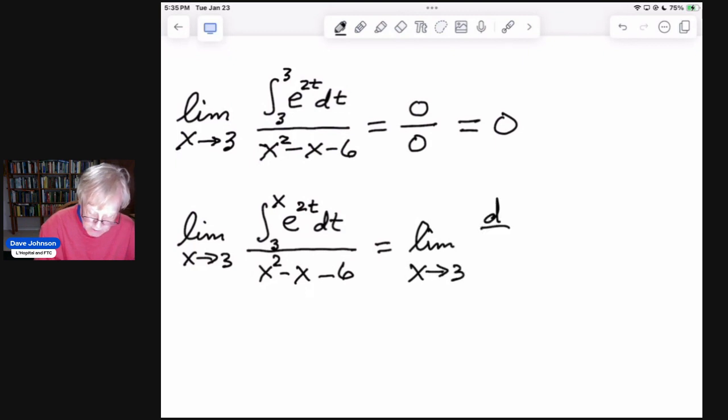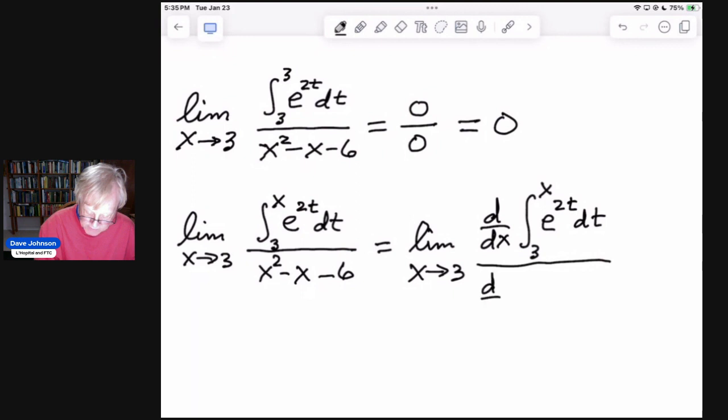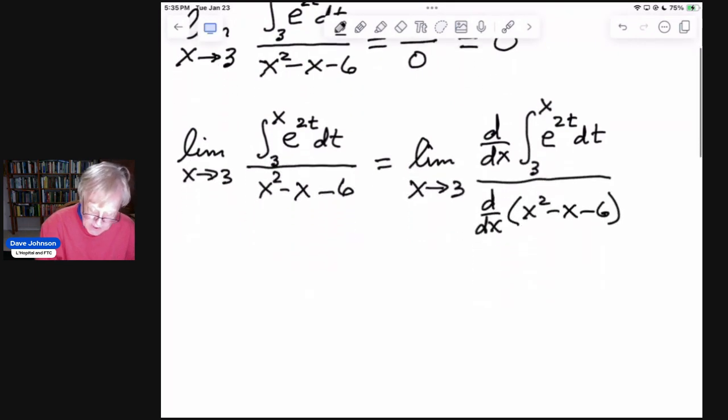And now we're going to say the derivative with respect to x of the integral from 3 to x of e to the 2t dt, divided by the derivative with respect to x of x squared minus x minus 6. And so I'm just applying L'Hopital's rule.